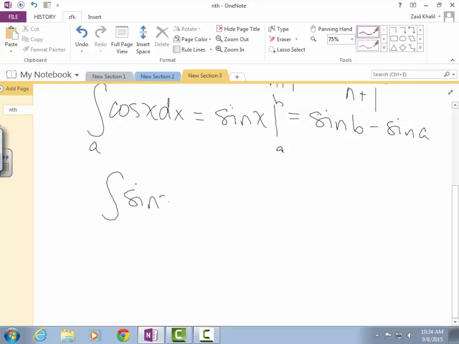The integral of sine of x is going to be negative cosine, which is equal to negative cosine b minus cosine a.